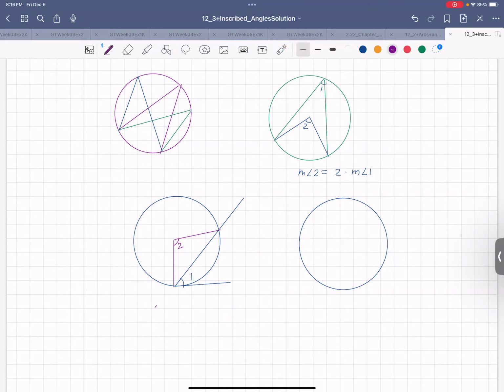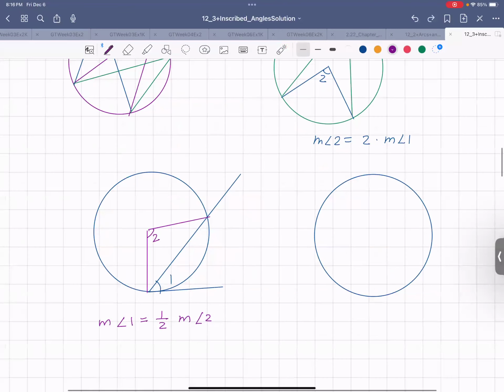Anyway, I'm going to just say it, okay? The measure of angle 1 is going to be 1/2 of the measure of angle 2. You might wonder why. This is why. Look at this. If I draw this perpendicular line to this, this will be 90 degrees. Definition of tangent line: the radius and the tangent line will form a right angle.